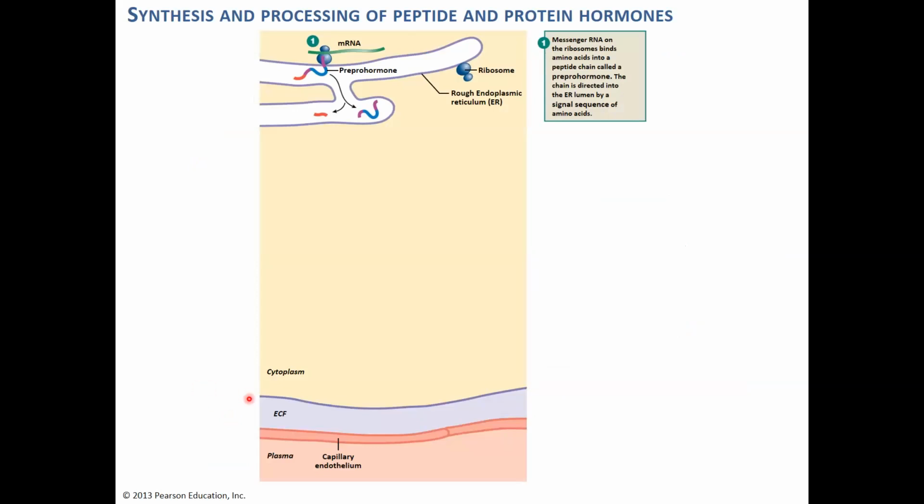Now, let's go through a little bit about how peptide hormones are made. Like I said earlier, they're all encoded by specific genes. That specific gene is transcribed into an mRNA, and the mRNA is translated. There are signaling sequences that target it to the rough endoplasmic reticulum. It starts to push the message into the lumen of the ER.